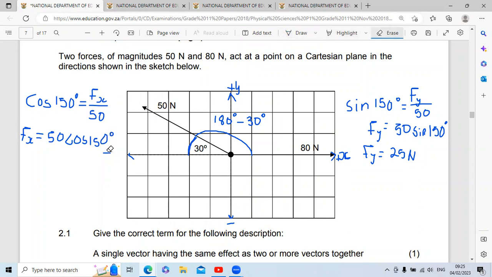And then I think I got the answer last time. It was somewhere around 43.30 newtons.